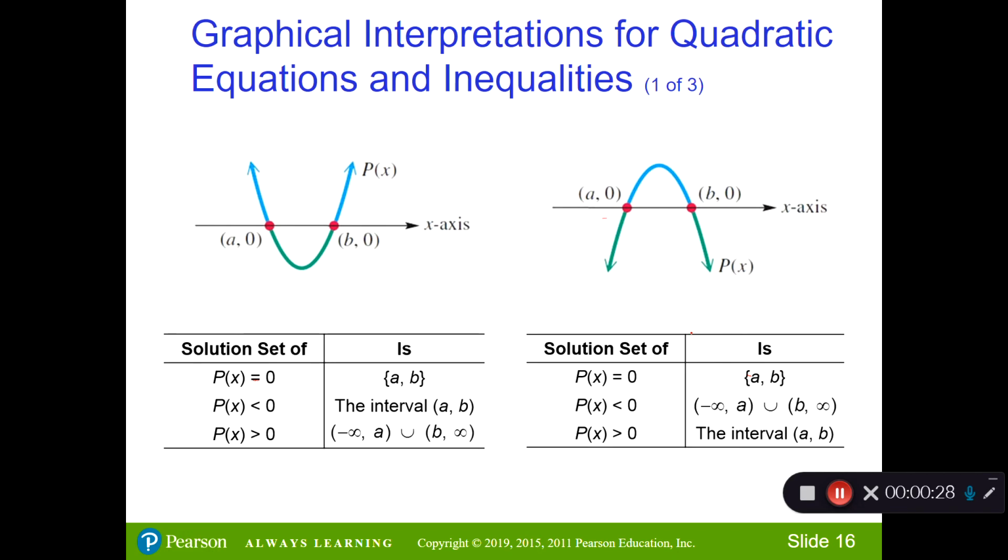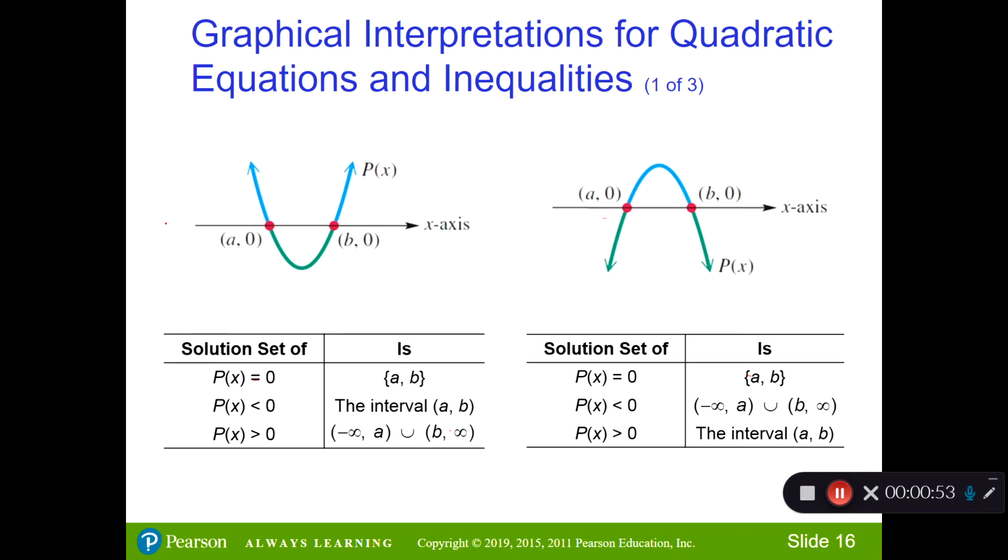Now, when my polynomial is pointed up like this, then above the x-axis, my y values are positive, and since the p is the y values, we're saying y is bigger than 0, that would be this interval where I'm above the x-axis.